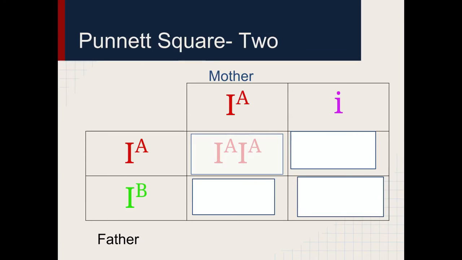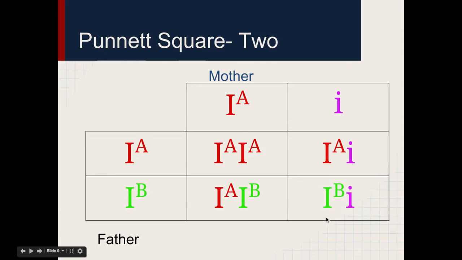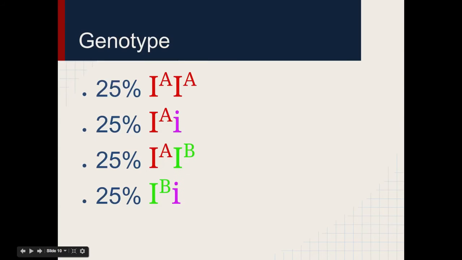We take this allele and this one to come up with the next square, which is IA with a little i, and so on. Here we have IA from the mother and IB from the father, and IB from the father and the little i from the mother.